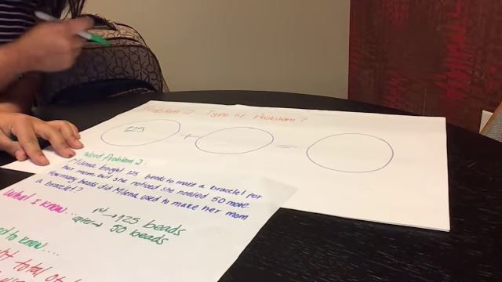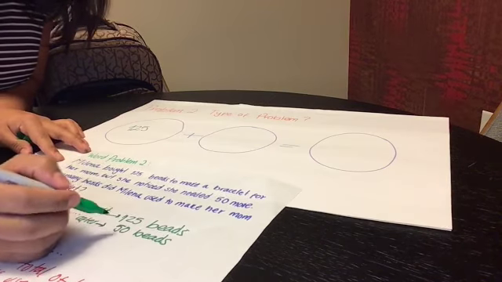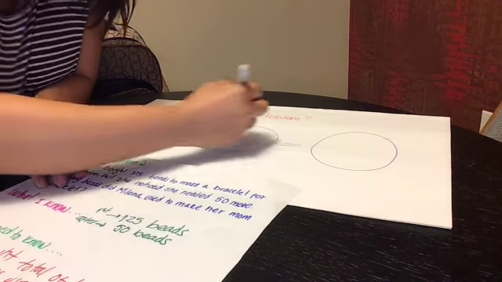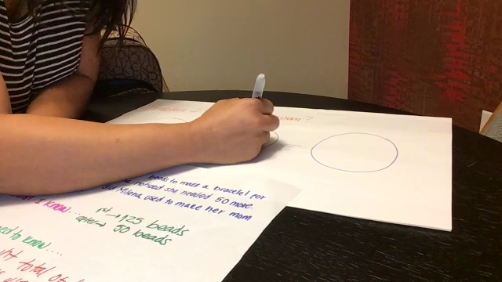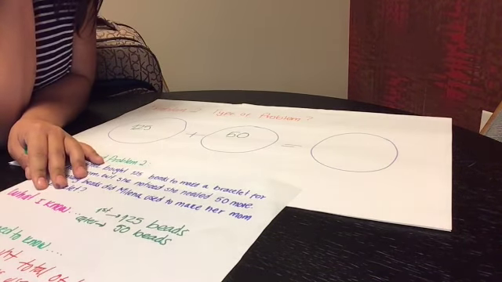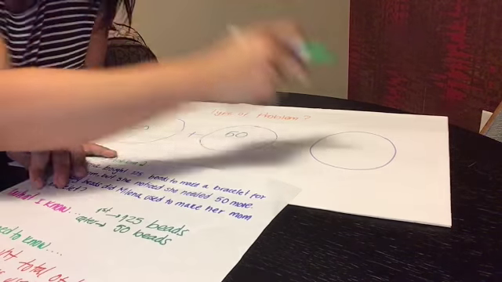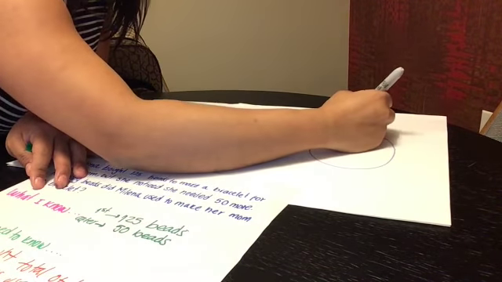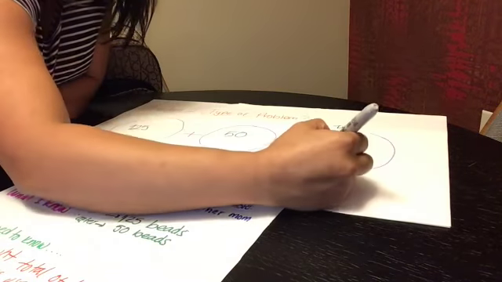And then I have another part that says that then she had to buy 50 more beads to make the bracelet. So then I need to know what is the total, or in this case, what is my whole.